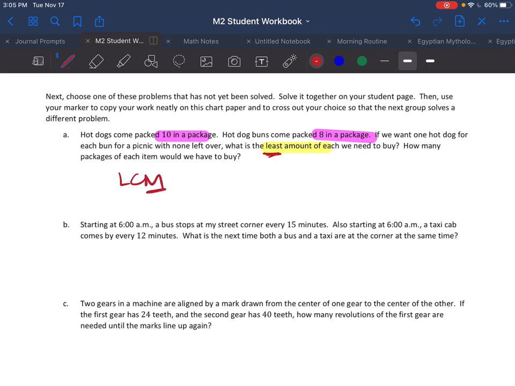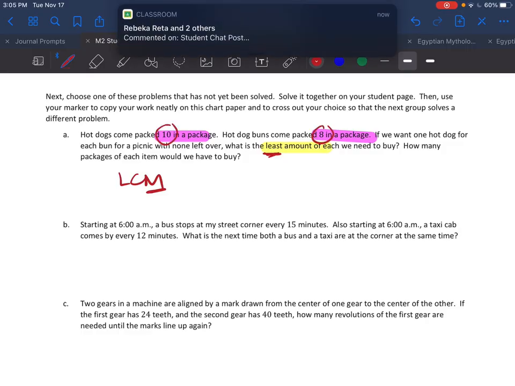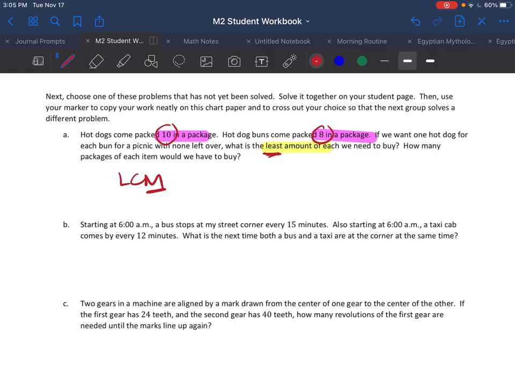And I know I'm multiplying, so I start with a smaller number, 10 hot dogs and 8 buns, and I'm going to multiply to see how many I need to feed the whole picnic. So I know that's how I'm going to find the least common multiple. Multiple means multiply, the number should be getting bigger. So my number should be more than 10 and more than 8 hot dog buns.